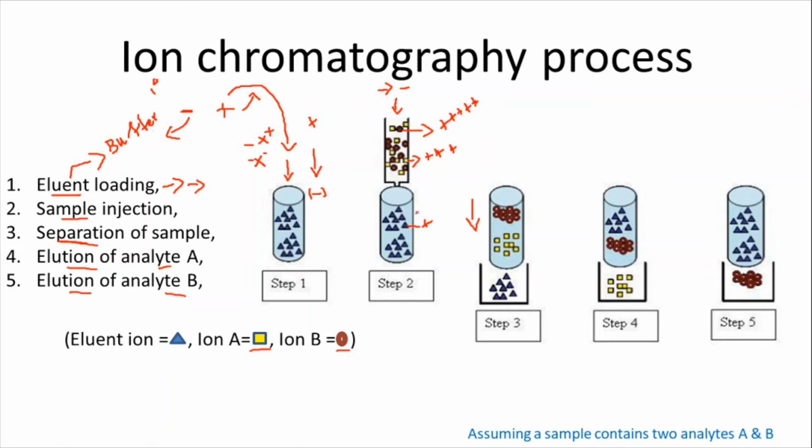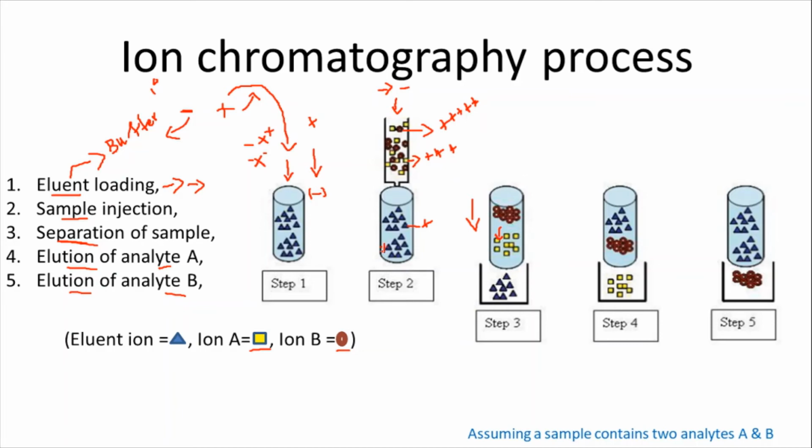But after adding the sample, sample A comes to replace the eluent ion. How the binding occurs: the sample A molecule disturbs the ionic bond between the stationary phase and the eluent ion.